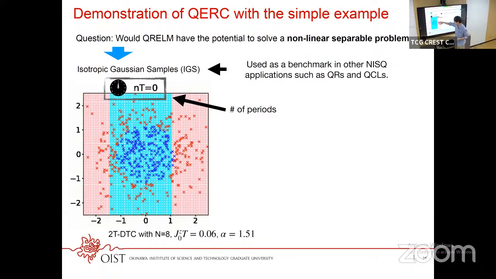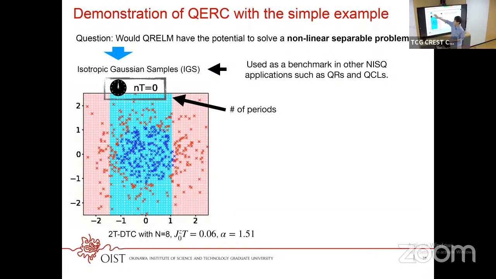These cross dots represent the training data, and this is called isotropic Gaussian samples. And these tiles are the result predicted by QERC.